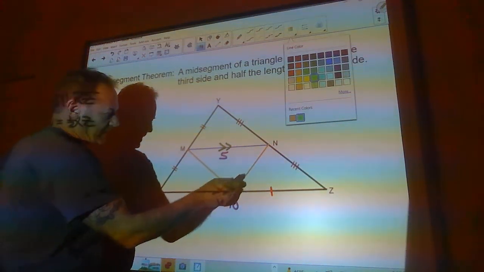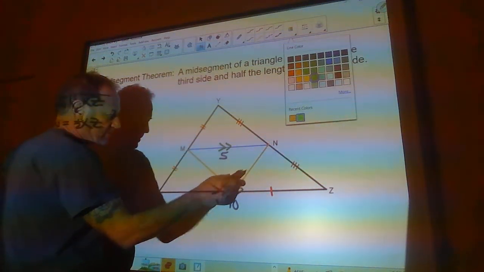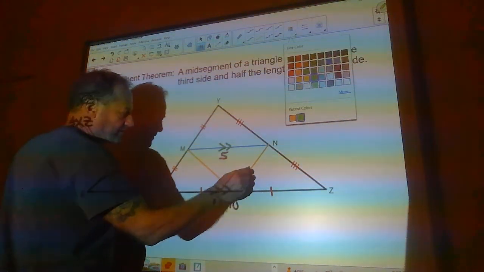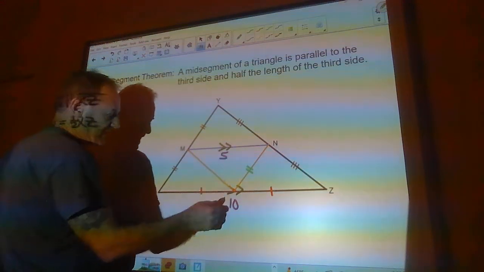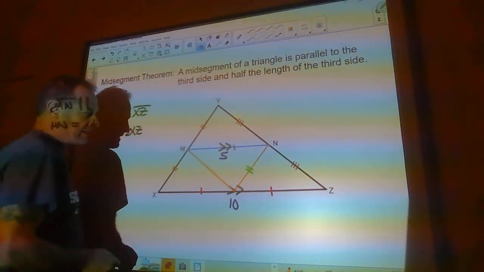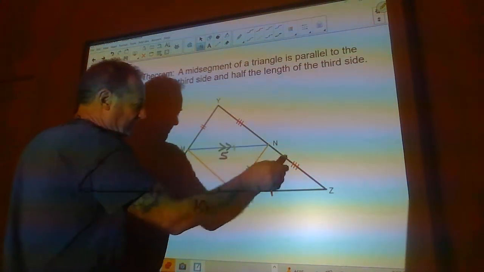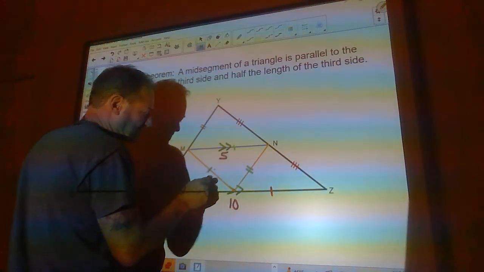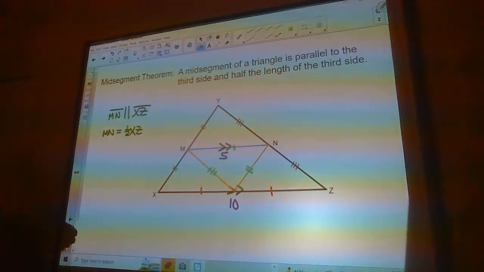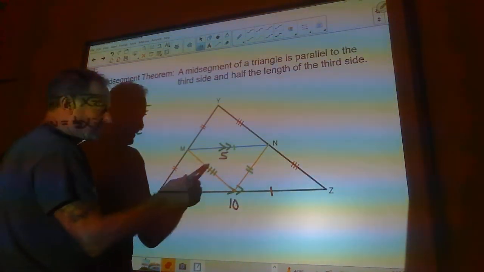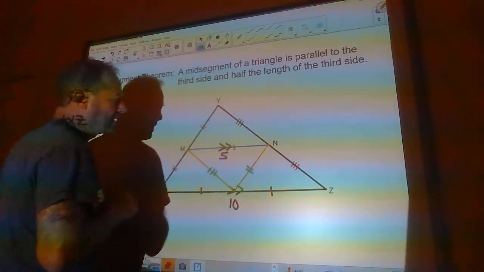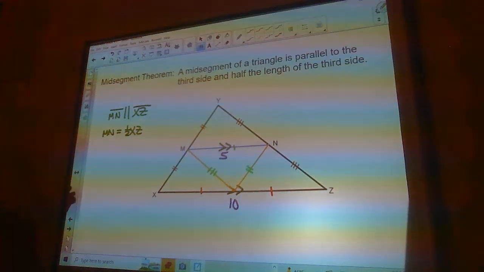This triangle right here, this is half of this side, so this is going to equal these two sides. Obviously, this is half of this because it's a midsegment. This is going to be half of this, and so it's going to have 3 marks here, and you're going to get 4 triangles that are all congruent by side, side, side. But we'll get into that more a little bit later.